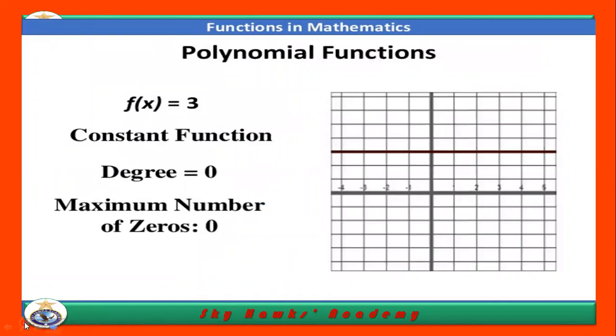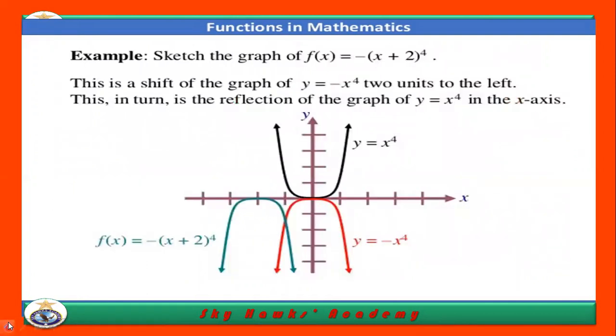So from here we can say, look at this: sketch the graph of f(x) is equal to minus (x plus 2) to the power 4. This is a shift of the graph y is equal to x to the 4, 2 units to the left. In turn, it is the reflection of the graph y is equal to x^4 in the x-axis.